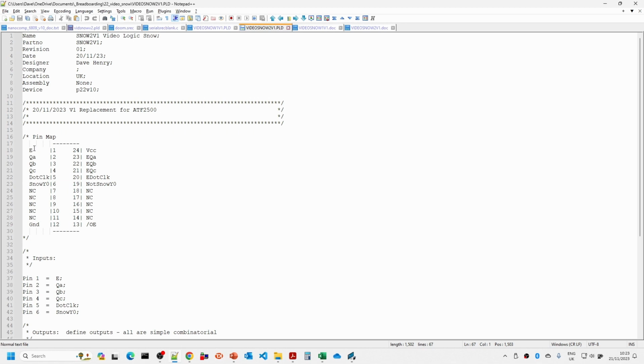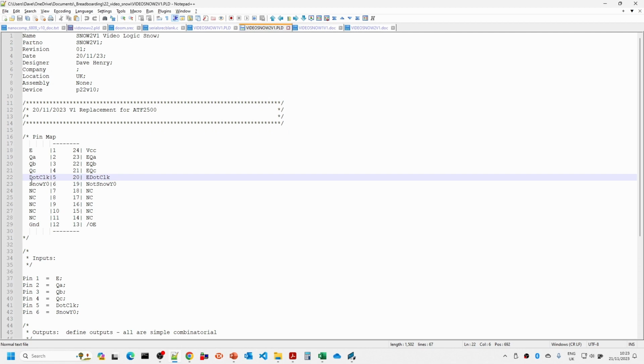All this does is have the E signal coming on the input, then we have these QA, QB, QC, which are the divider outputs that are driving a lot of the CRTC circuits, and QC is in fact the character clock. We also need the dot clock, and I'll explain why in a second.